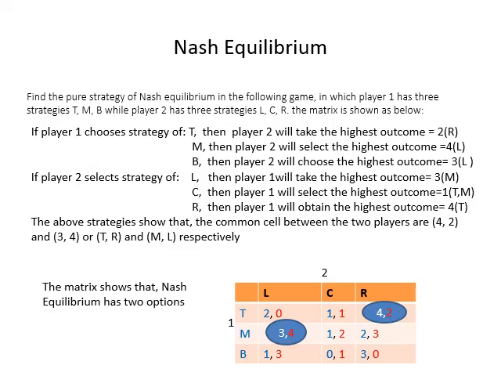Nash equilibrium, new look. Find the pure strategy Nash equilibrium in the following game, in which player 1 has 3 strategies T, M and B, while player 2 has 3 strategies L, C and R. The matrix is shown as below.